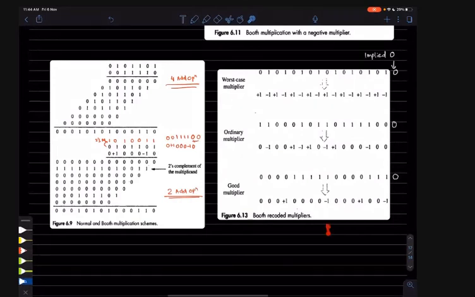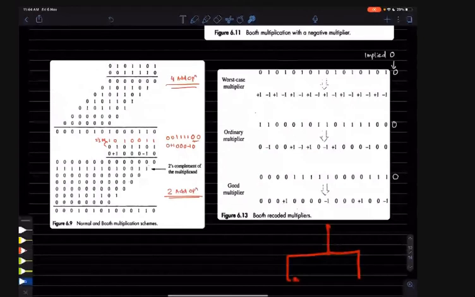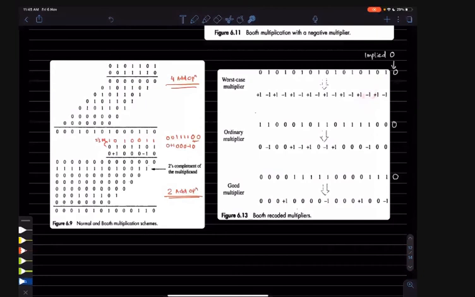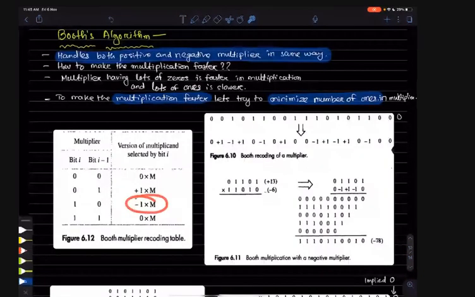So the algorithm will start like this, go this side or this side. Here you have to add a plus m, or here we have to add a minus m. What is minus m? Minus m is nothing but minus 1 into m, that is the 2's complement of m. What is plus 1 into m? It is nothing but m, the normal m, whatever m is given.